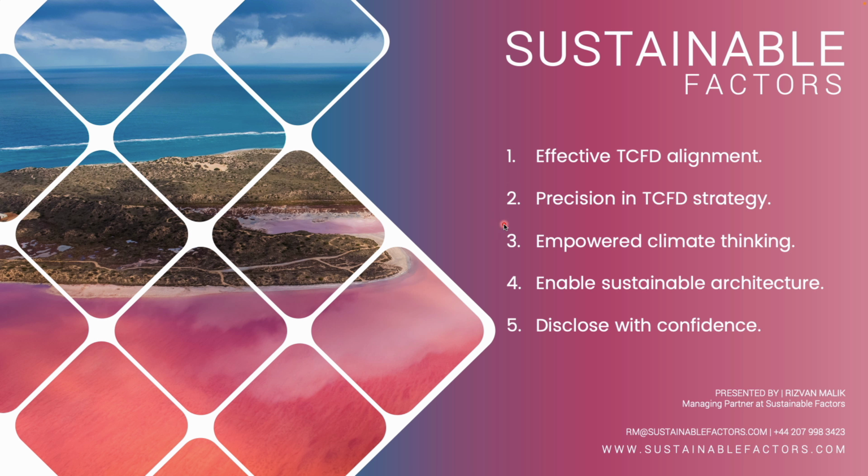It's going to really empower the climate thinking across the organization and build a stronger coalition with that direct, precise focus on the strategic pathway. Sustainable architecture is a bigger subject in itself, but it's going to add and contribute to the reporting element of your sustainable architecture. And of course, finally, most importantly, it's going to help you disclose with absolute confidence.